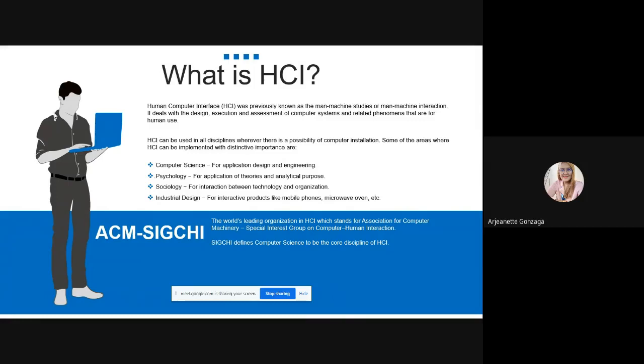Psychology, this is for the application of theories and analytical purposes. Sa sociology naman, this is for the interaction between the technology and the organization. And the industrial design, this is for interactive products like mobile phones, microwave oven, and etc.